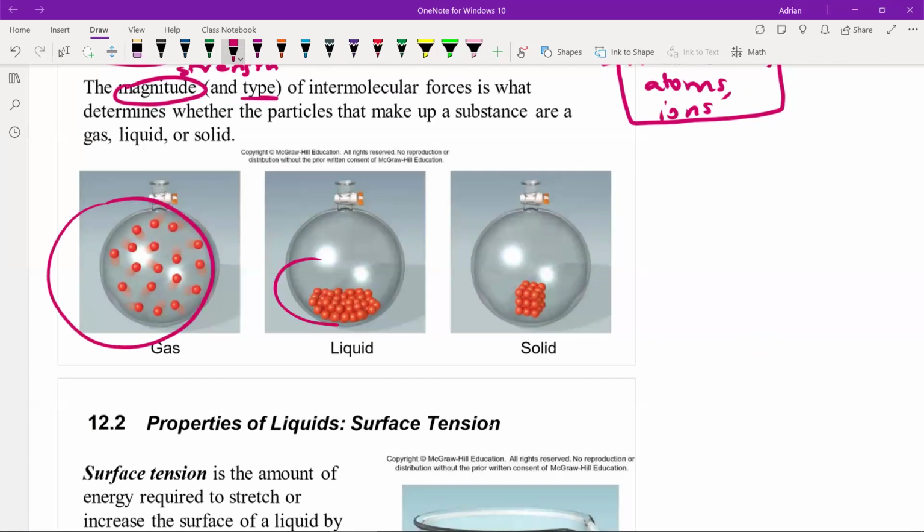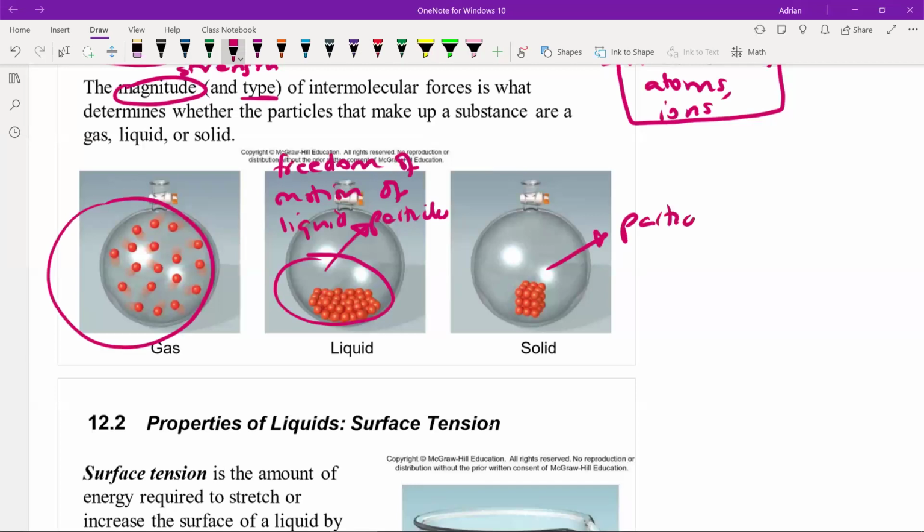In a liquid, the particles are close together, but they can slide past each other, so there is freedom of motion of the liquid particles. Whereas in the solid phase, the particles really don't have a lot of motion. You can think of them as being locked in place.